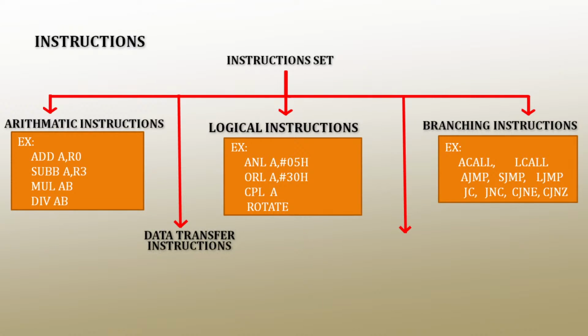Next one is data transfer instructions. Data transfer in the sense data is transferred here and there. That means within the CPU registers or memory location, data is transferred by using some instructions. These instructions are used to transfer the data within the registers and the memory location.